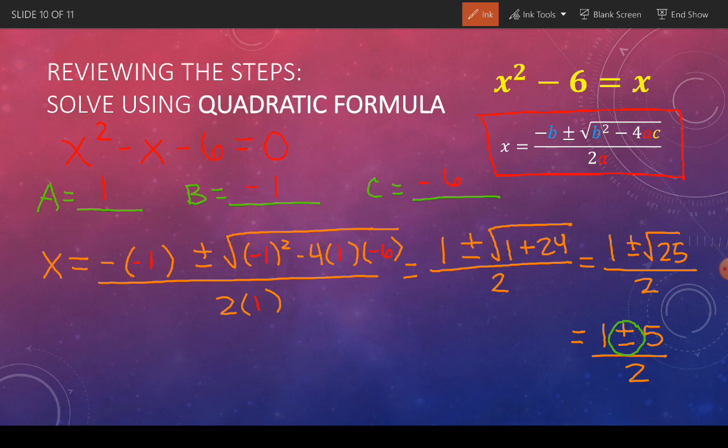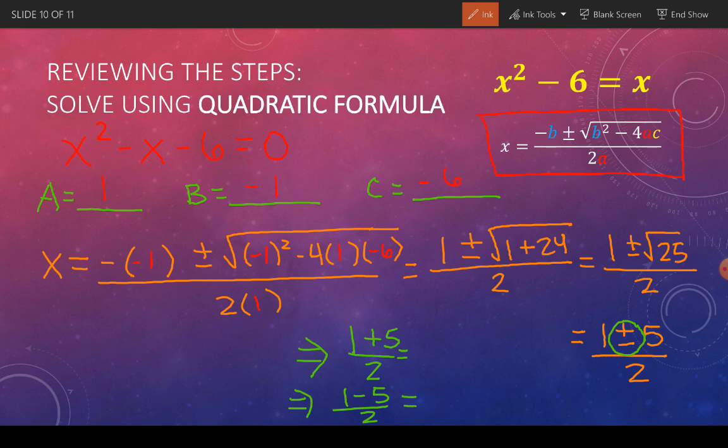So our first equation is going to be 1 plus 5 divided by 2, and we're going to solve that. And our second equation should be 1 minus 5 divided by 2.